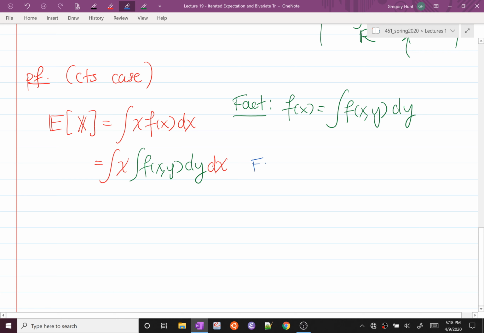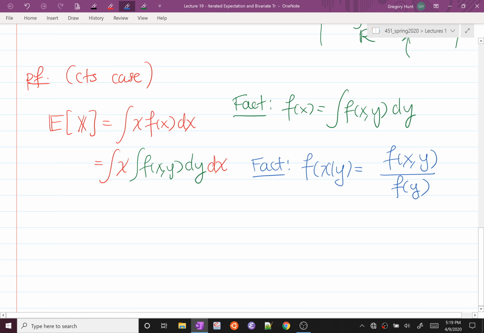Okay, so what other tricks do we know? Here's another fact. We have this fact that is basically some version of Bayes' formula, or we have a definition, alternatively, of a conditional PMF or PDF, and that would say that f of x given y is the joint over the marginal.